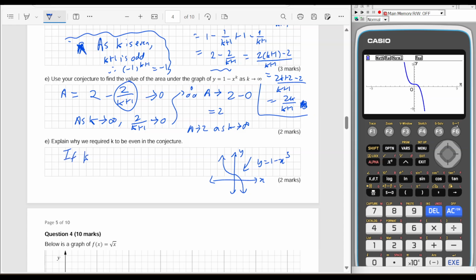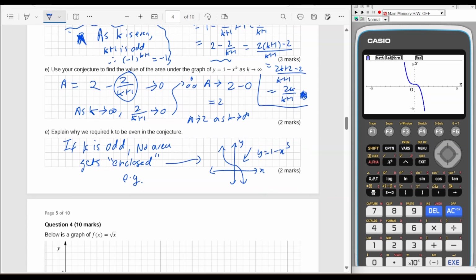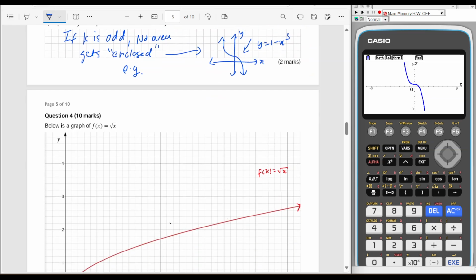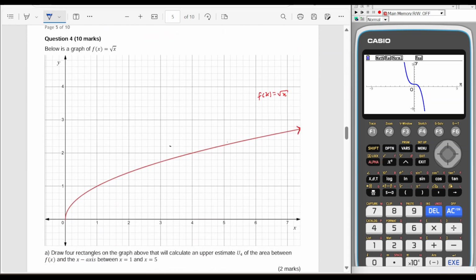If k is odd, no area gets enclosed. So it looks like that, e.g. So yeah, there's no area to be enclosed. Whereas if you have an even number, that last bit flicks down and then you get an enclosed area. So there's the conjecture.